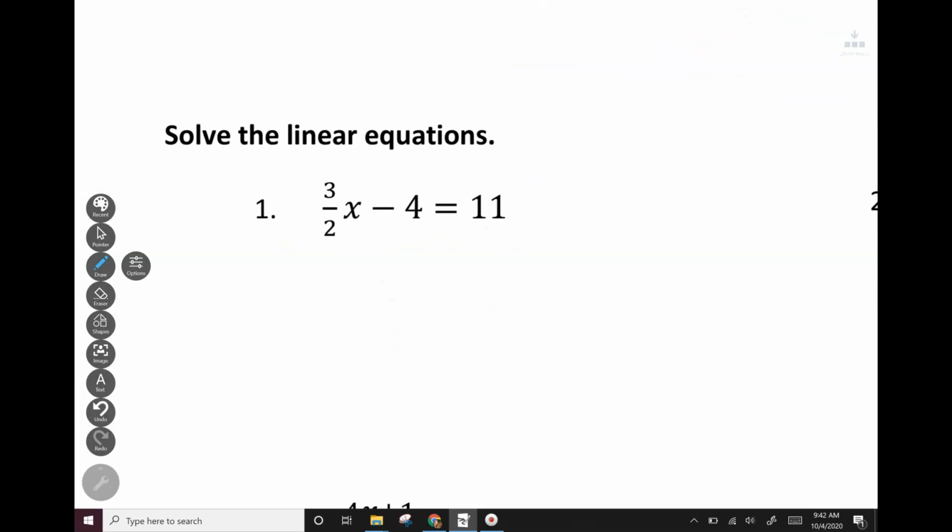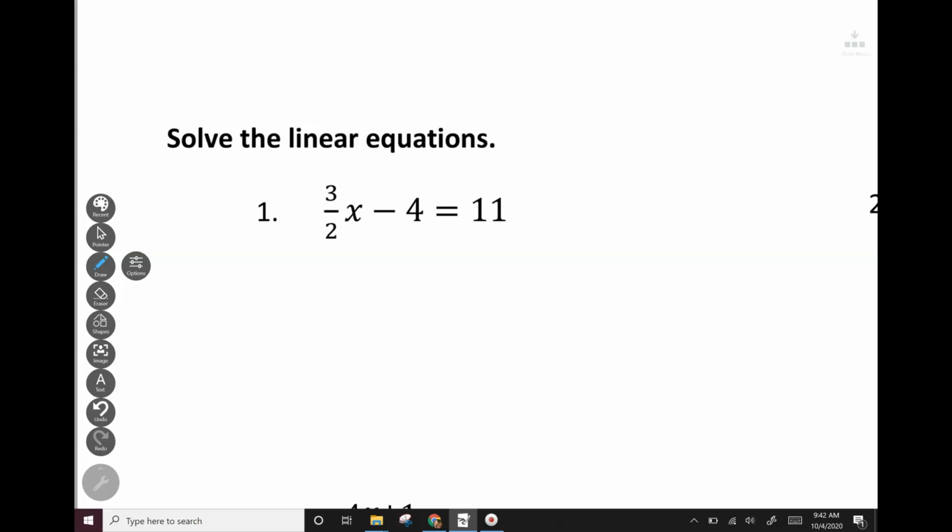So let's look at solving some linear equations. All right, so you see the exponent here is 1. So that's what makes this a linear equation. So to solve this, first you want to isolate the term that has the x. So I'm going to add the 4 to the other side. Okay, and I'm trying to solve for x, so I need to get rid of this 3/2.